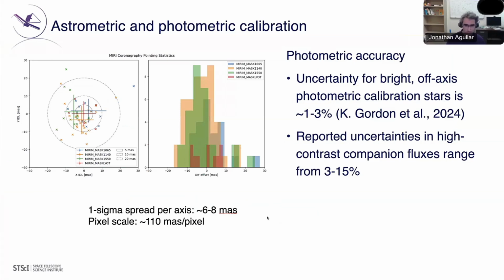And so we're performing within spec. We're very happy about that. The main contrast improvements that you get are from having a well-matched PSF to do PSF subtraction, and a lot of that depends on the repeatability of your pointing. And so this is a good sign.